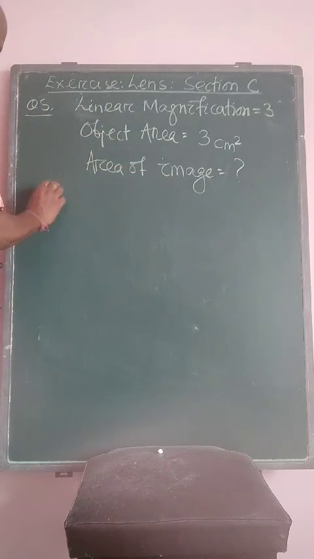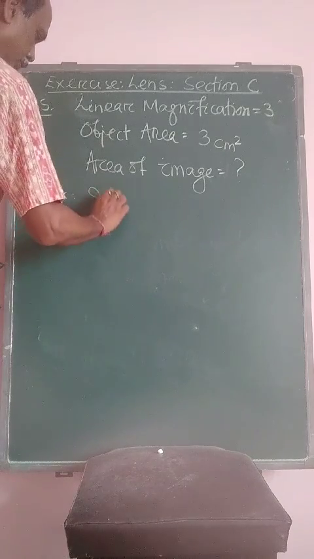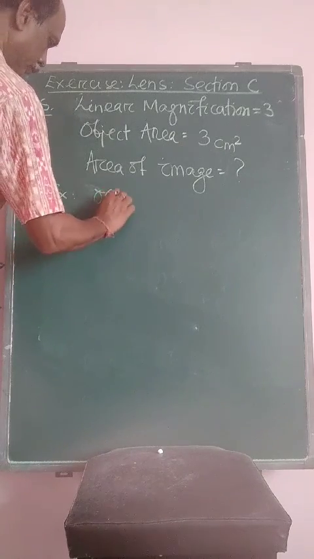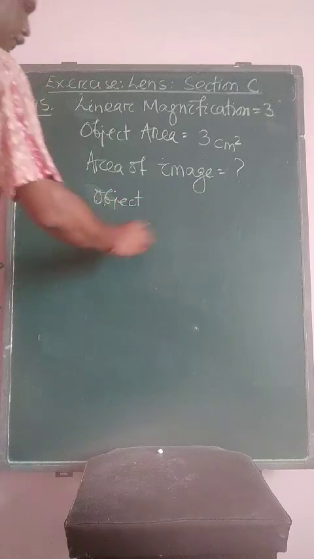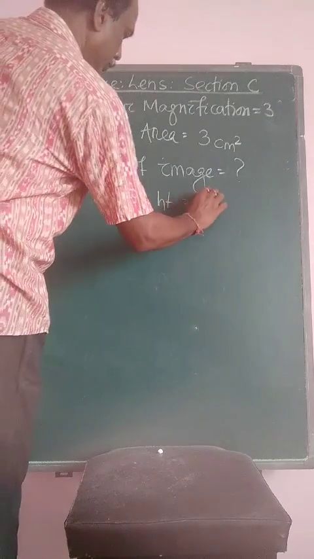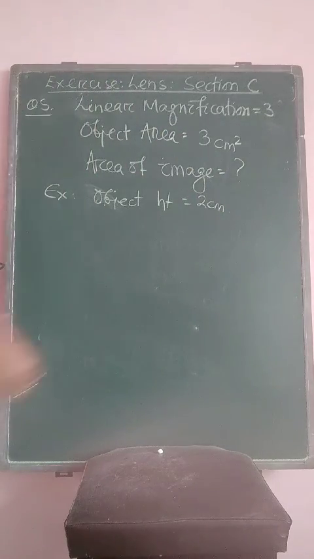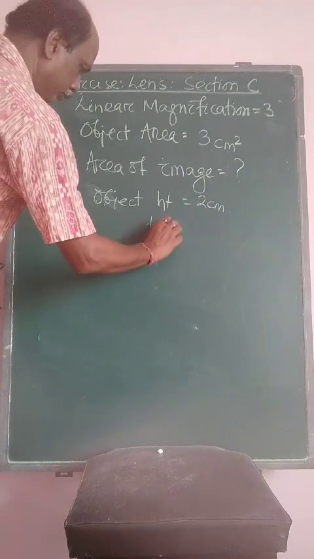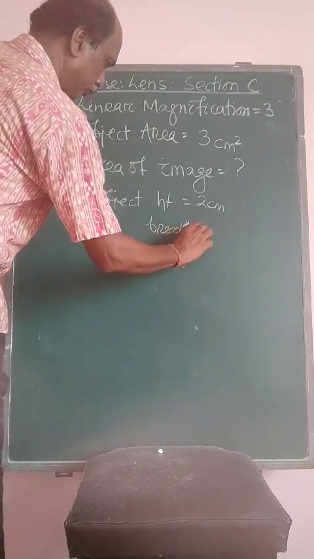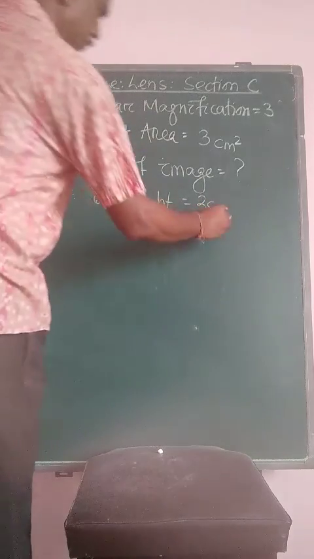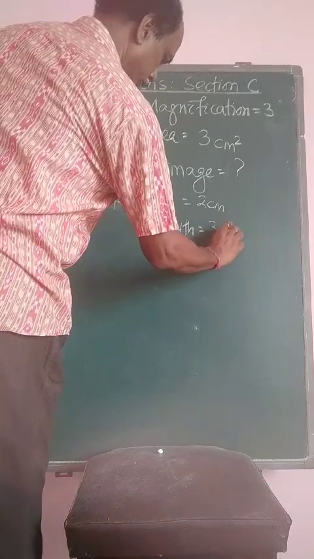Now for example, object height is 2 cm and breadth is say 3 cm.